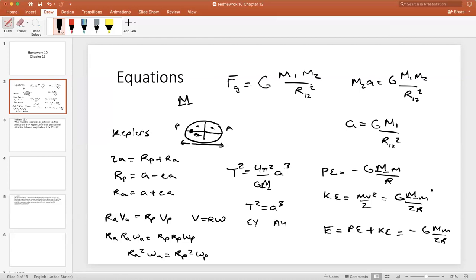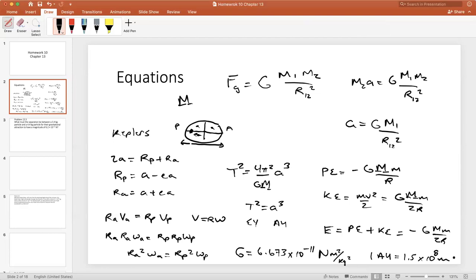And the last thing that we should note, if necessary, is G is 6.673 times 10 to the minus 11 newton meter squared over kilogram squared, and 1 AU is 1.5 times 10 to the 8th meters.